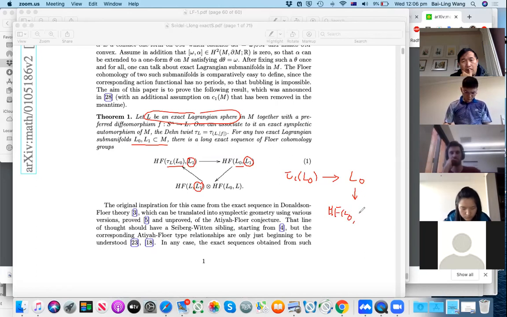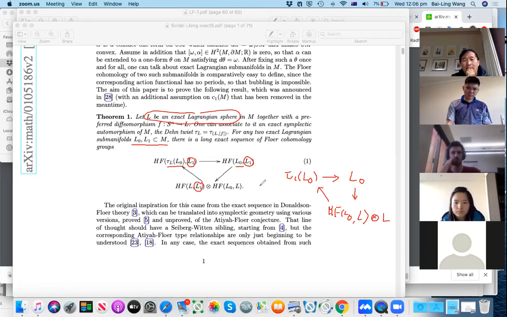Then L0, L, and I think it is tensored with F. I think it has some sequence like this on the object level.